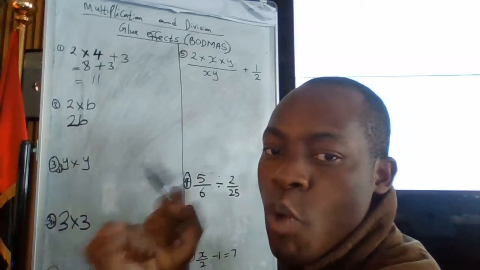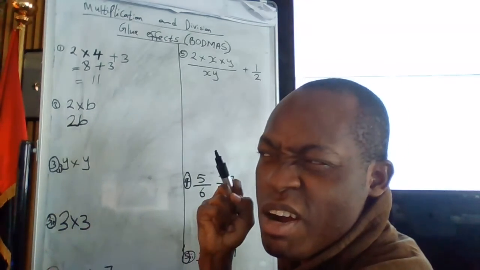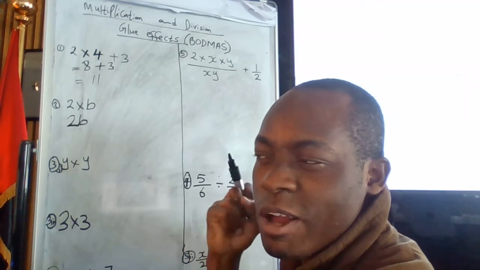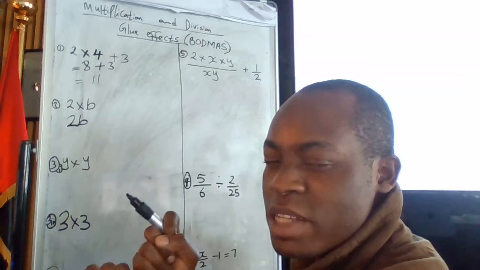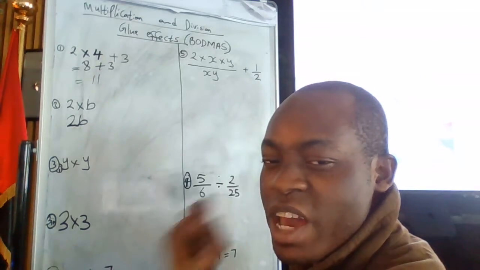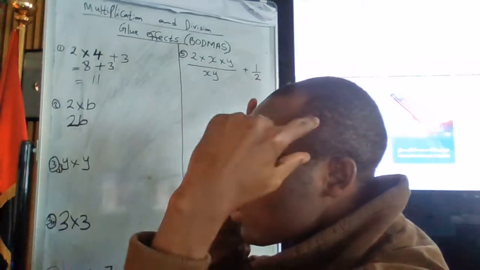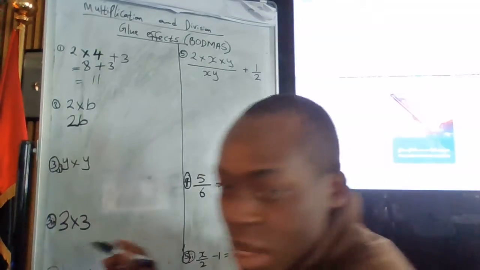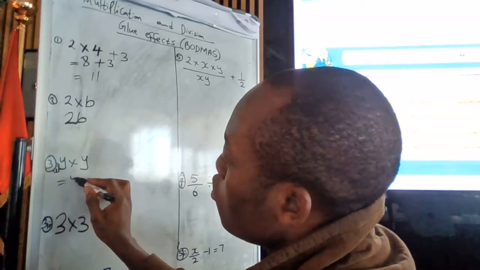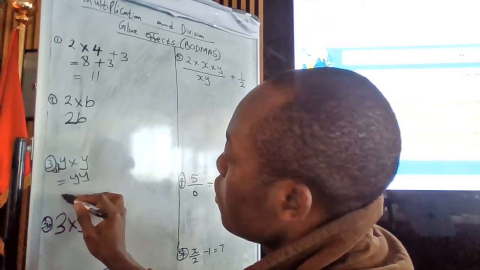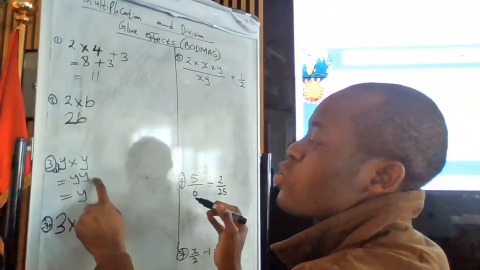You can call it yy, you are very, very right, but it does not sound good. You can do better by calling it y square. That is y that has 2 heads. You can call it yy, but it is better written as the y that has 2 heads.